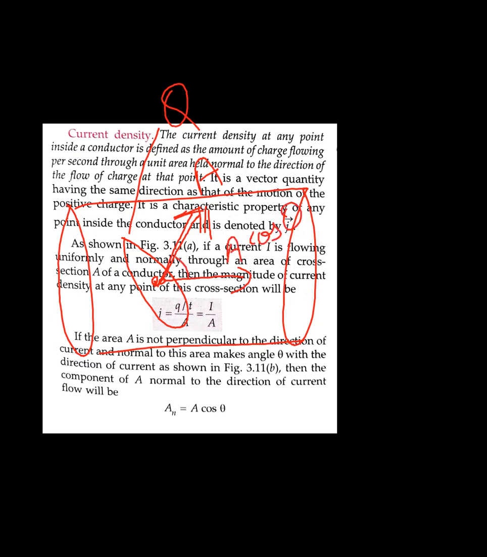Right children? Now this area is a vector quantity, so we can resolve the area vector A into two components. This is my component along the x-axis, that is A cos theta. Suppose the angle is theta, between your x-axis and your area vector. Similarly, there would be a y component and that would be A sine theta.